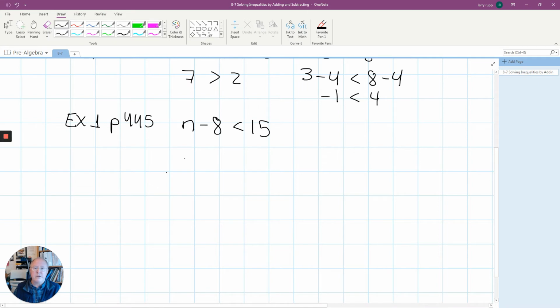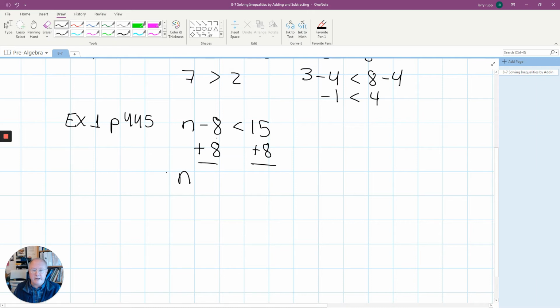You have to isolate the term with the variable, which would be the n. And what's happening to the n is that 8 is being subtracted from it. So you need to undo that by adding 8 to both sides. Okay? So now you bring the n down.